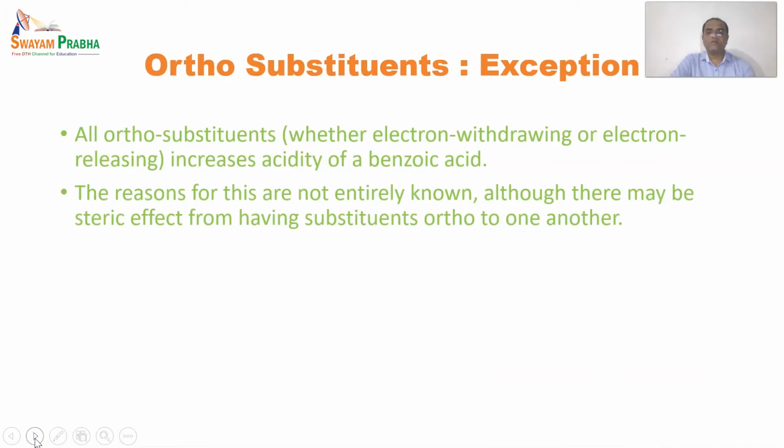The reasons for this are not entirely known, although there may be some steric effect of the substituent at the ortho position. A possible reason is that there may be some steric hindrance due to which the acidity of benzoic acid increases. Whatever substituent is present on the ortho site, at position 2 or position 6, has some steric effect with the proton or the oxygen here, and that is why there may be an increase in acidity of benzoic acid.